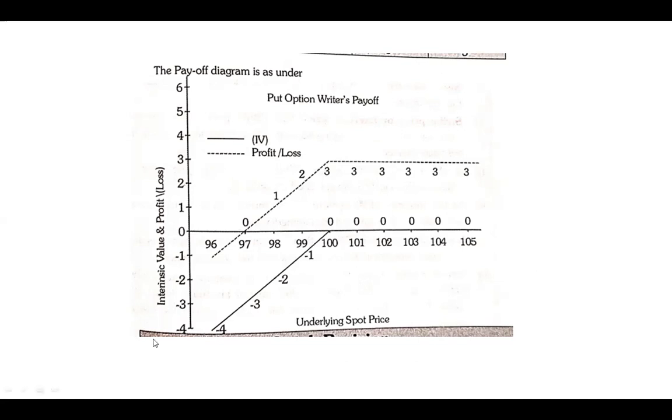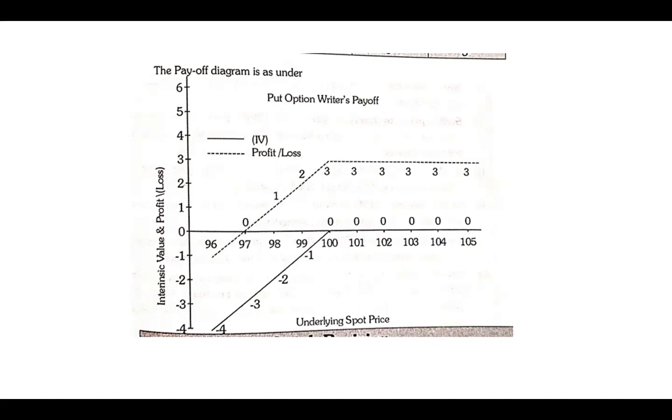So profit and loss on the y-axis and spot prices on the x-axis. So this is a payoff diagram for the Siddharth. He is a put seller. He is having a limited profit of premium and unlimited loss when the market is falling.